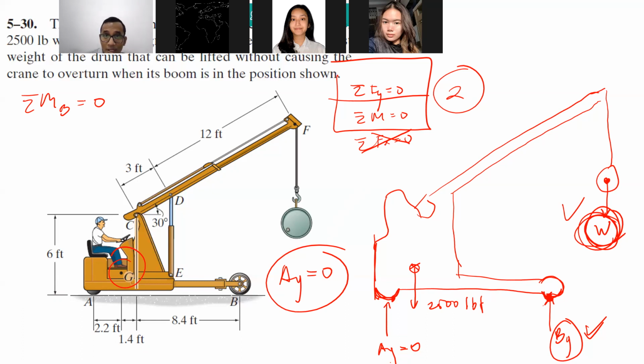Now, in order to get the maximum W, I want to calculate sigma moment at B equal to 0. So what will you get there?